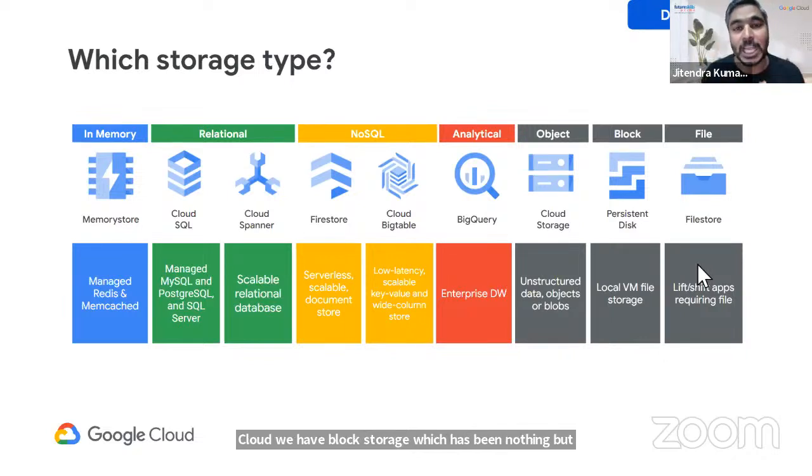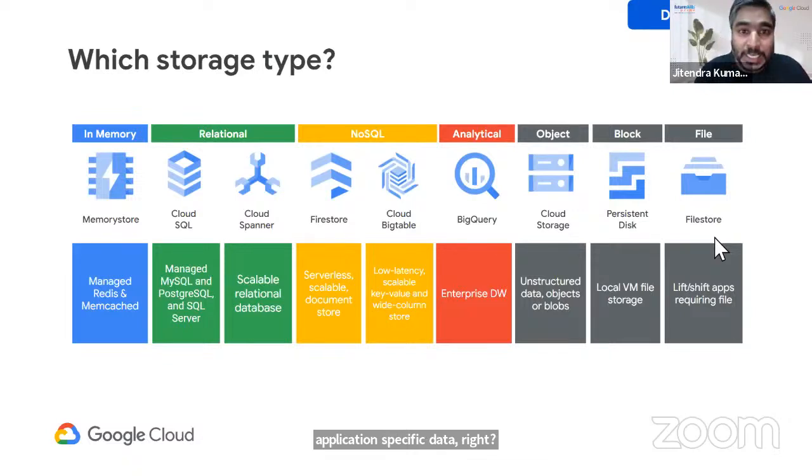We have different types of persistent disks, both spinning mechanical standard disks as well as SSDs, solid state devices. These are your block storage devices, available for you to store your application specific data. As well, we have support for Filestore, which is basically a NAS service.